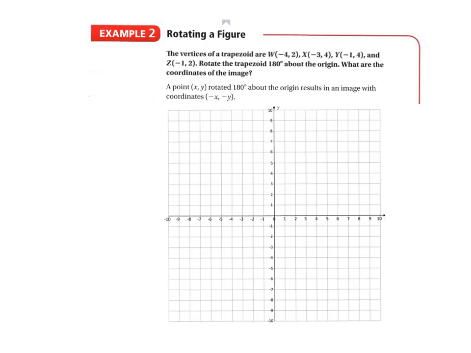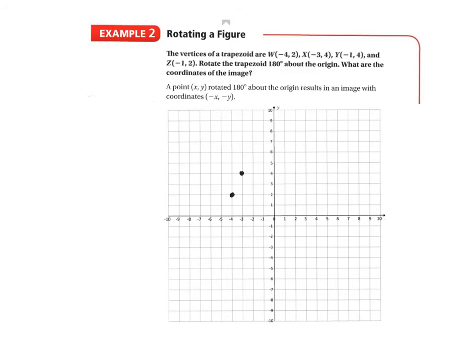Okay, so we're going to do one. All right, so first of all, the vertices, let's read it. The vertices of a trapezoid are -4, 2, -3, 4, so we have some points. So we're going to plot those really quickly and see what we have. So we have -4, which is on my x, -4, 2. So I want you to be thinking about where that would be as I go. We have -3, 4.